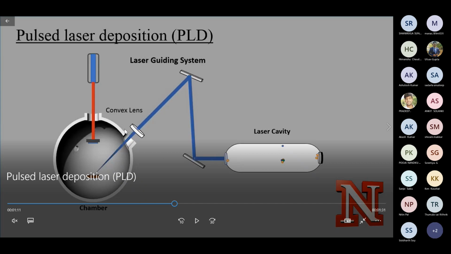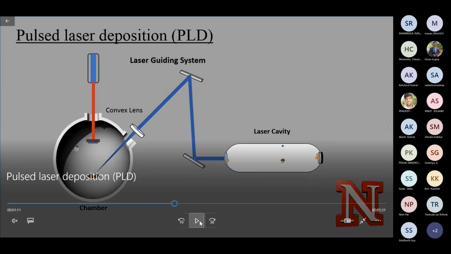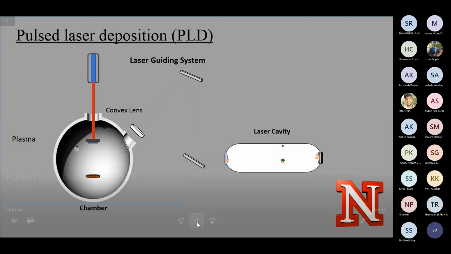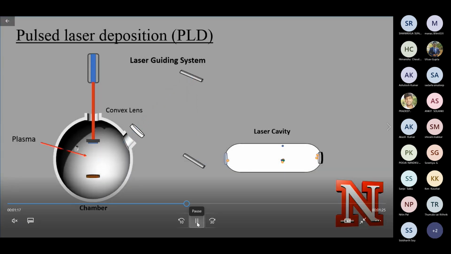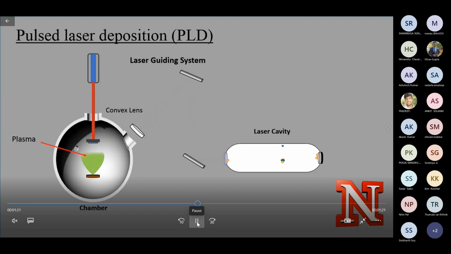Through this glass window it will go, and here you can see it will focus on the target material. Immediately there will be generation of a plume, and this is the plasma generation. Again, you can see this is a very fast process.